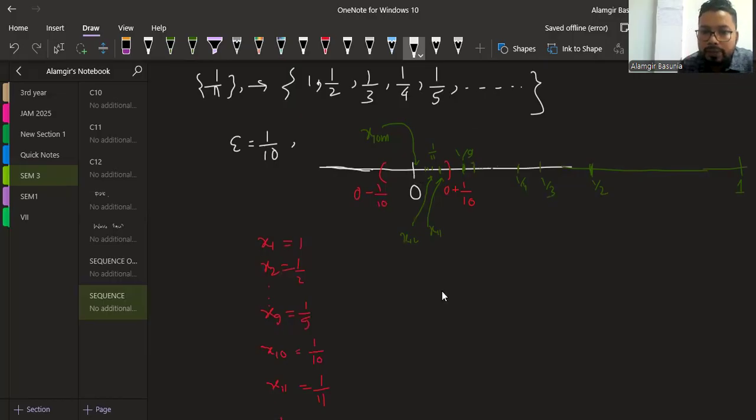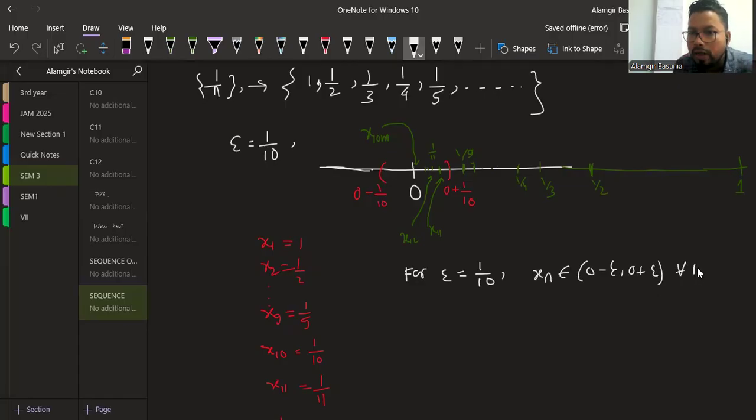So for epsilon equal to 1 by 10, all the terms xn belong to 0 minus epsilon, 0 plus epsilon for all n greater than or equal to 11. This 11 is our m, a natural number.